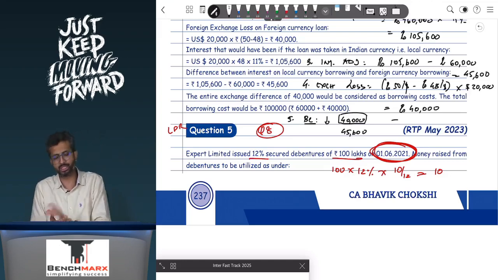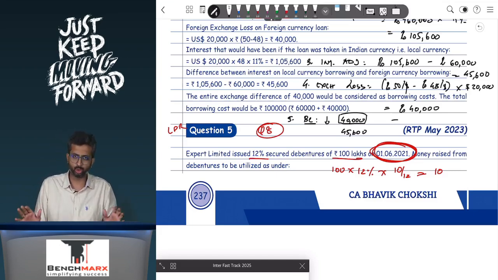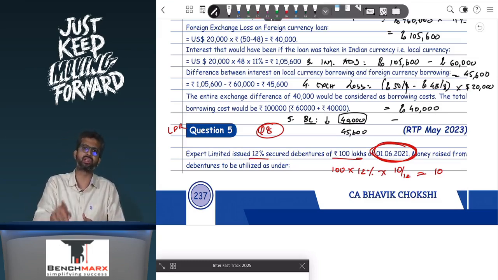So if I had to pass an entry, usually for remeasuring loans, my monetary liabilities, my entry would have been forex loss account debit, which goes to the P&L, to loan, which will usually be at 40,000. Here, you have to credit the loan at 40,000, but instead of debiting forex loss, I will debit the borrowing cost by 40,000, and this borrowing cost, if it is attributable to a qualifying asset, I will capitalize.